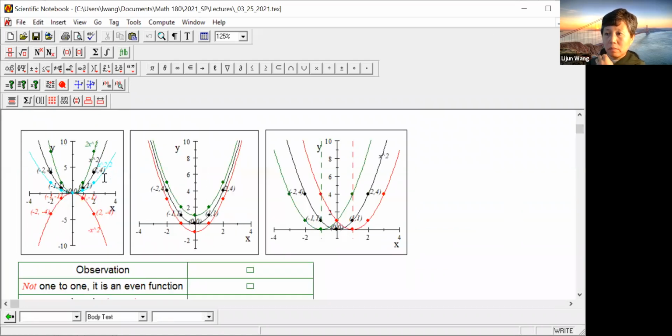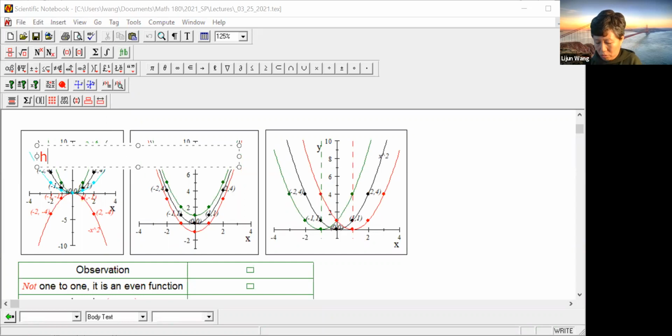These three, over here, these are horizontal stretch. I'm sorry, vertical stretch, or shrinking.